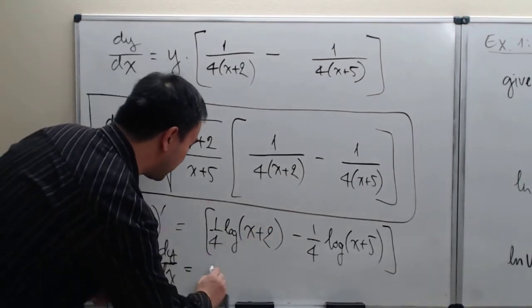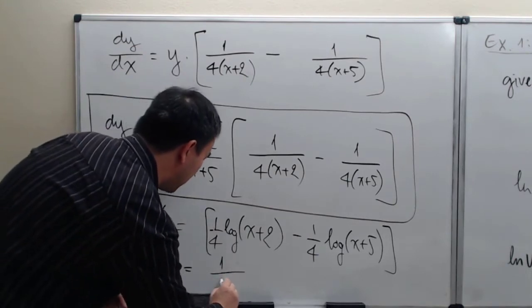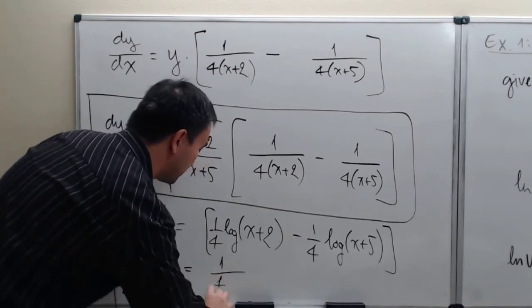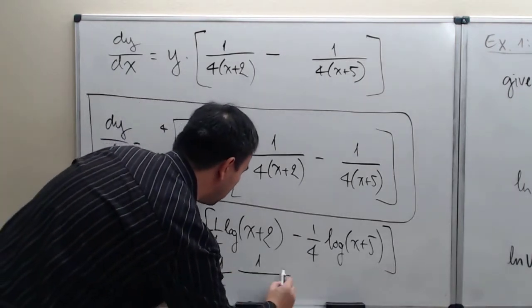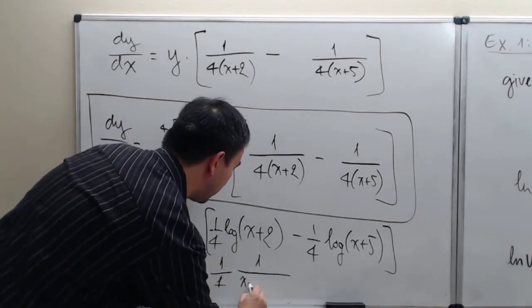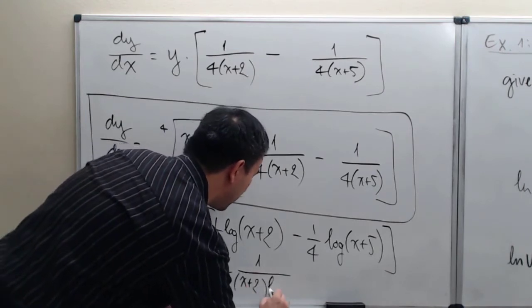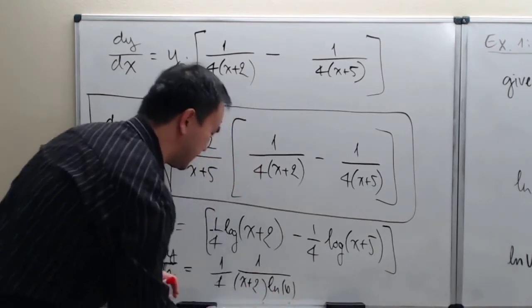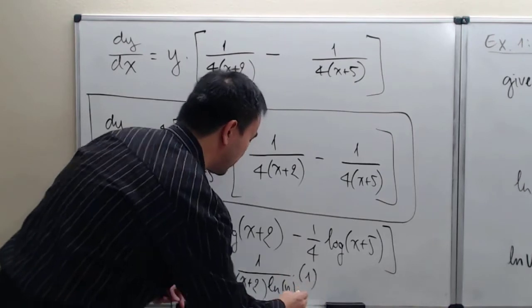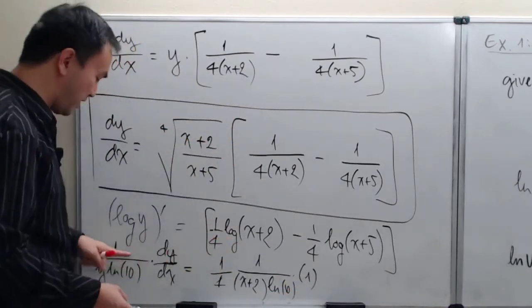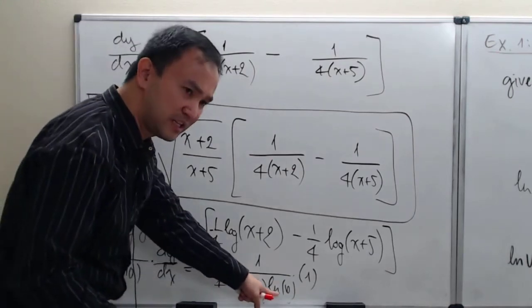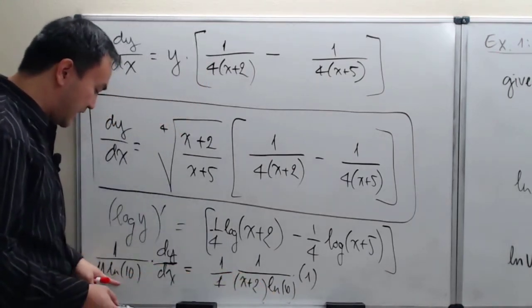When I took that derivative, it gave me 1/4 multiplied with 1 over (x plus 2), as we already knew, times another extra natural log of 10, and multiply with 1. So in every step, if we use a logarithm other than natural log, we have to worry about keeping track of the extra natural log of the base.